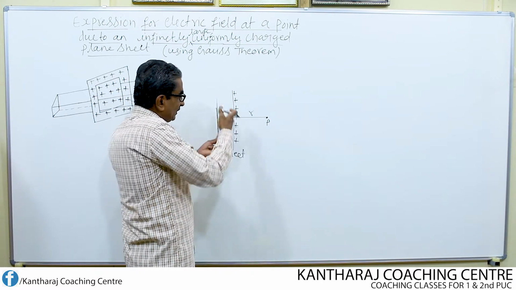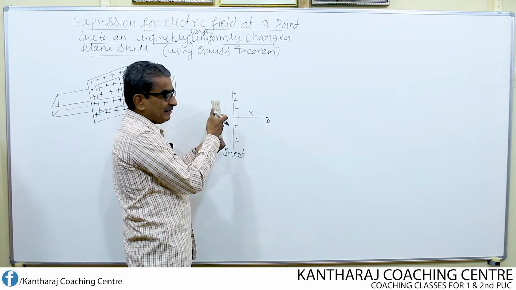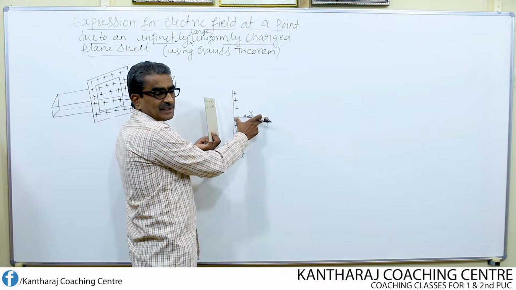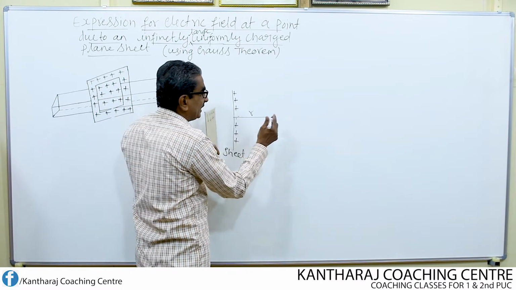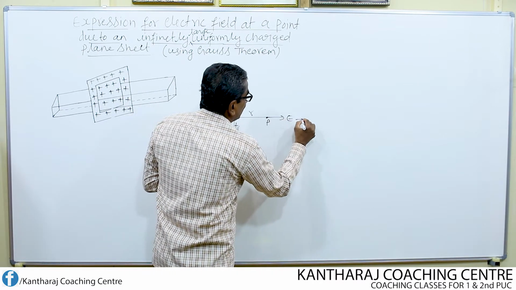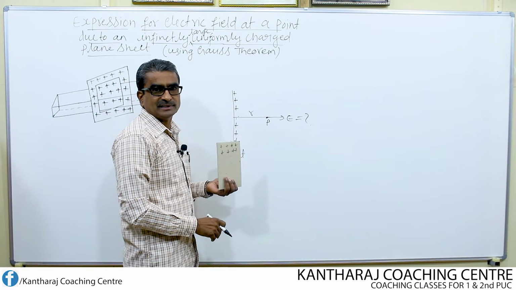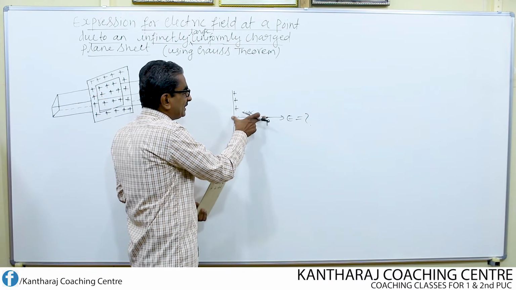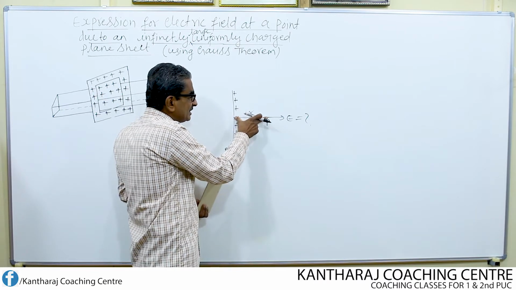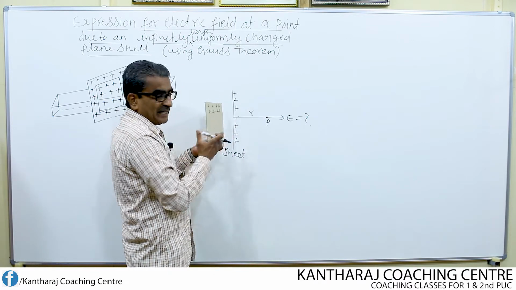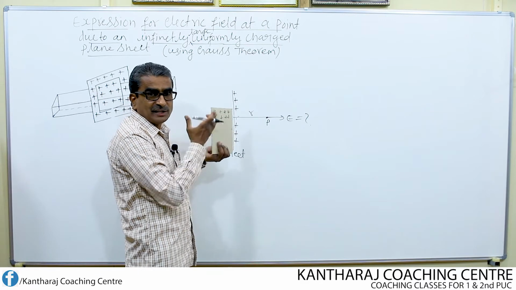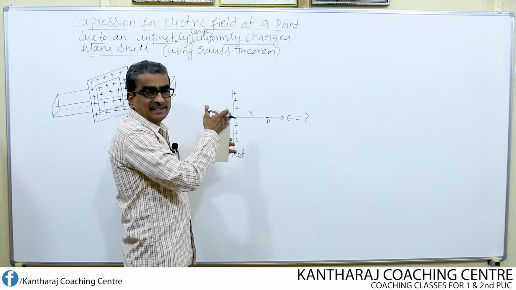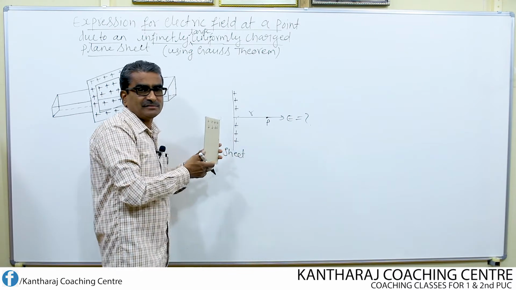If the size of the sheet is very large compared to the distance of the point P at which the electric field is required, that is, if this distance r is small compared to the entire size or area of the sheet, then we call this an infinitely large sheet.